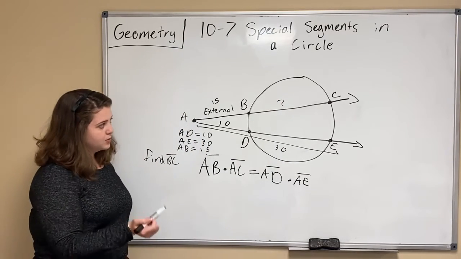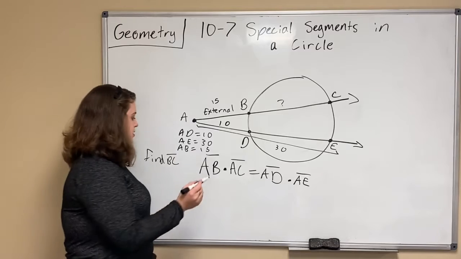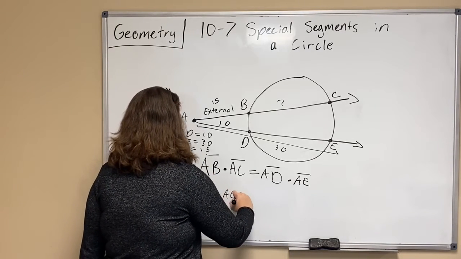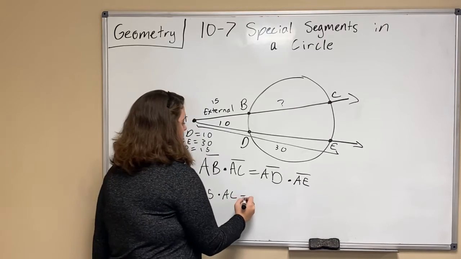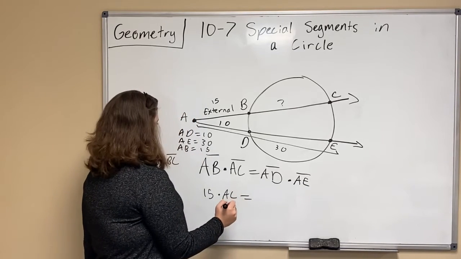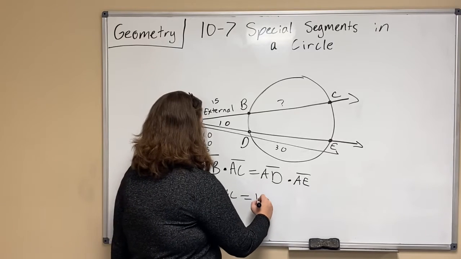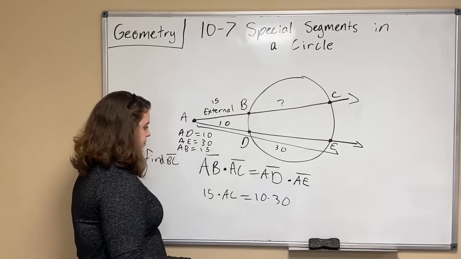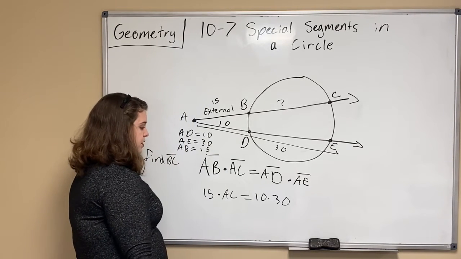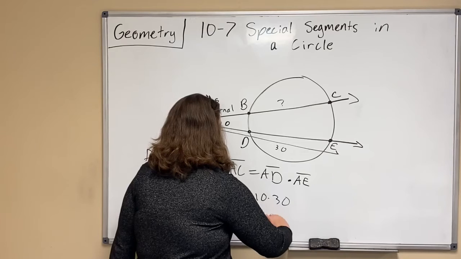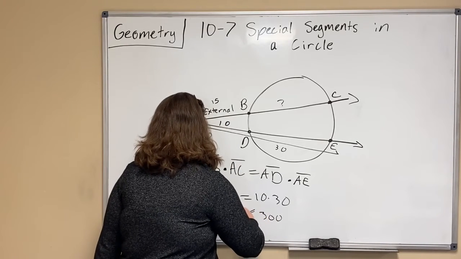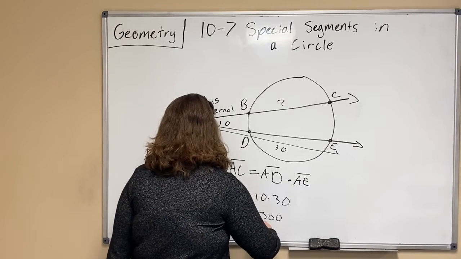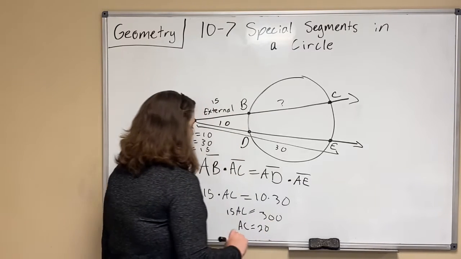When I plug it into my equation, I'm going to say what I know: AB is 15, I don't know AC yet, AD is 10, AE is 30. So I'm going to get 300 equals 15 AC. I'm going to divide by 15 and I'm going to get AC equals 20.